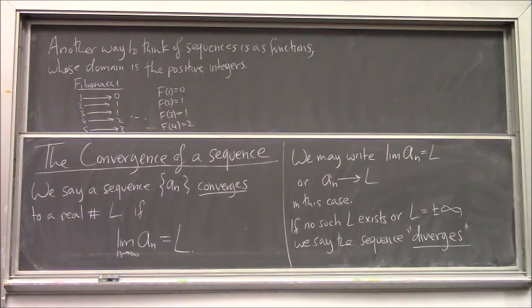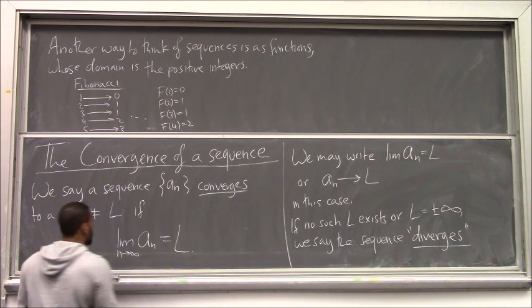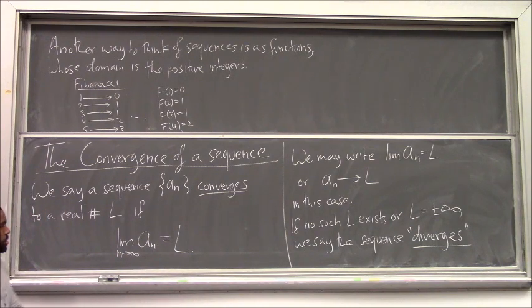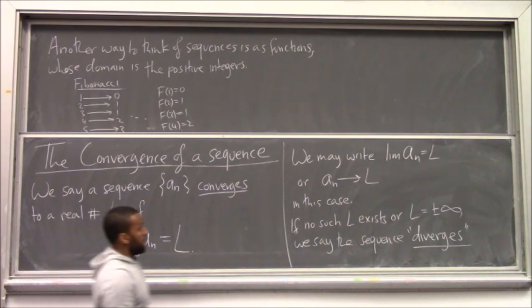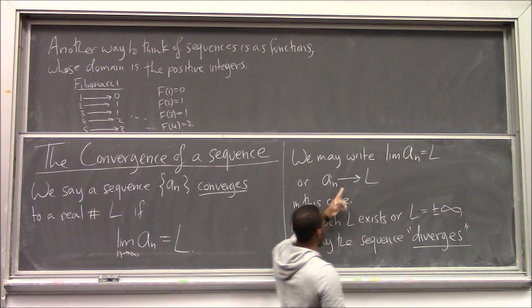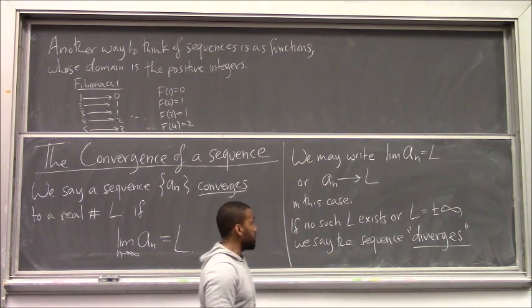So a sequence may converge or it may diverge. Converges means I can take the limit of the expression that defines the terms of the sequence. If it approaches a real number, I say the sequence converges to that number. And in that case, I can write this or that. And if there is no such number, I say the sequence diverges.